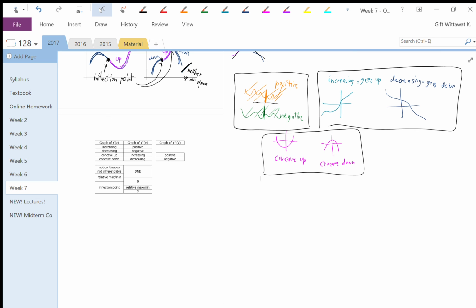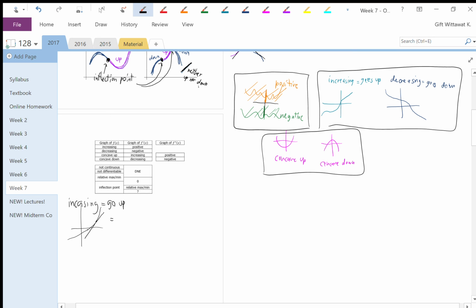The first thing that we can observe is that if I have an increasing function, it will tend to go up. When it tends to go up, that means it's gonna have a slope.